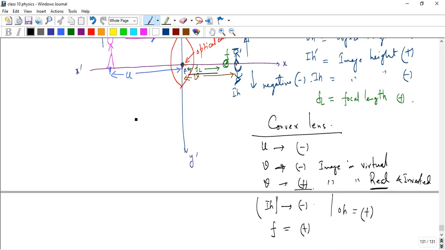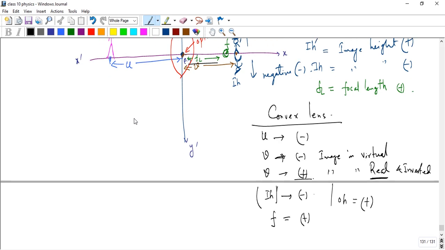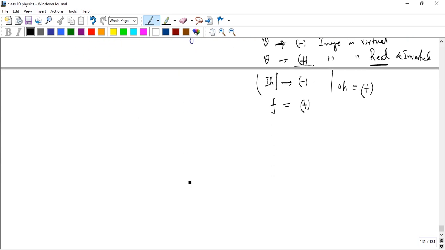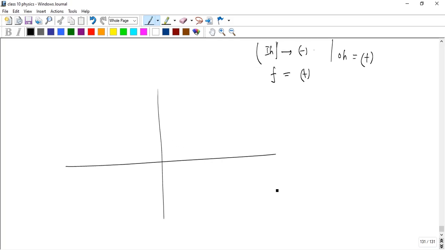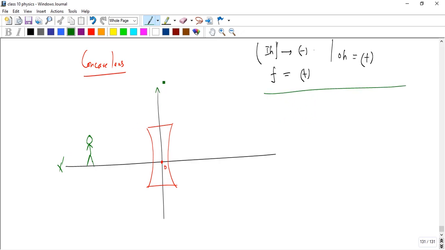But in the case of a concave lens, it is different. Look carefully. Place a concave lens with optical center O. One thing is always true: the object is placed on the minus x side. Here we have positive y, negative y, positive x.